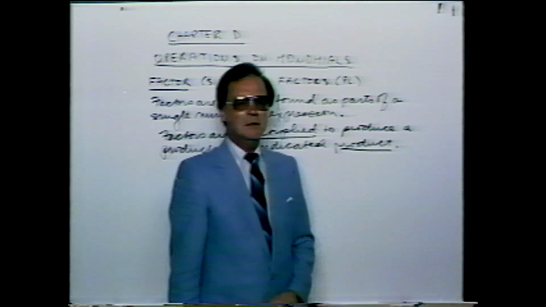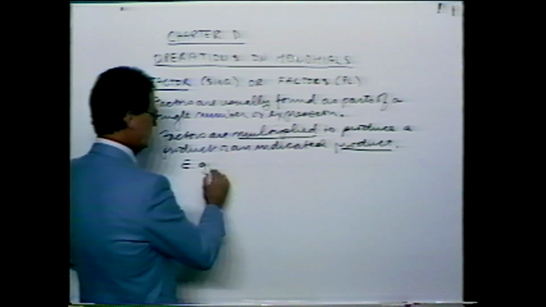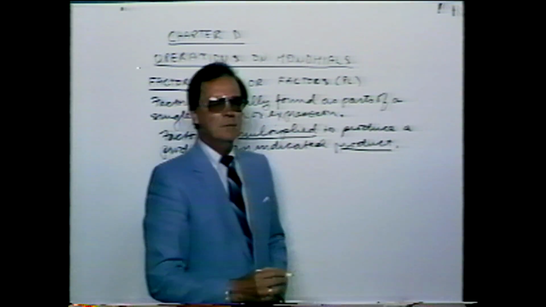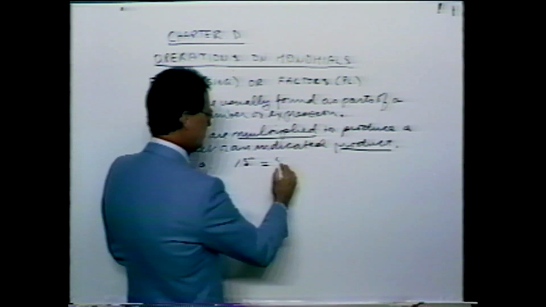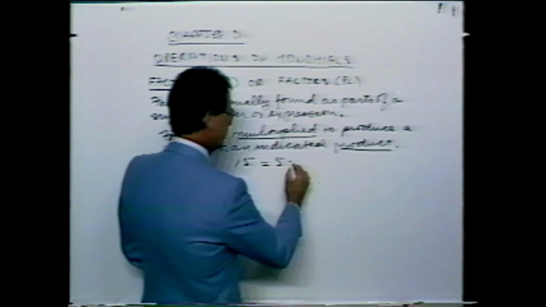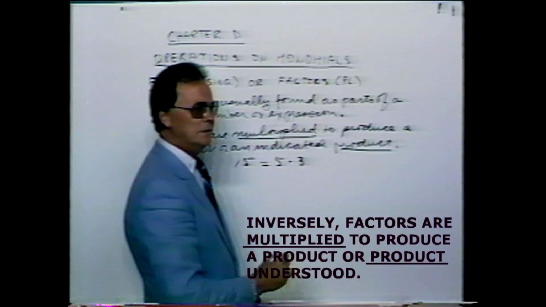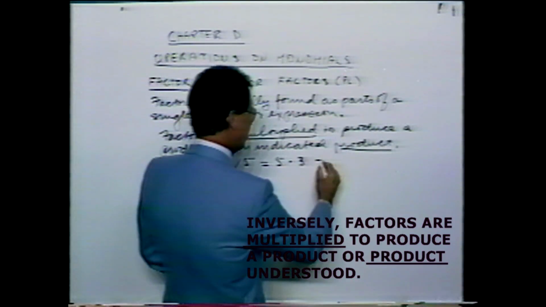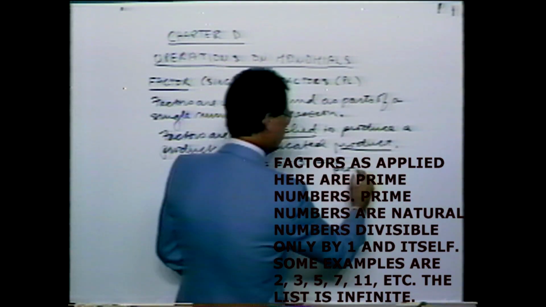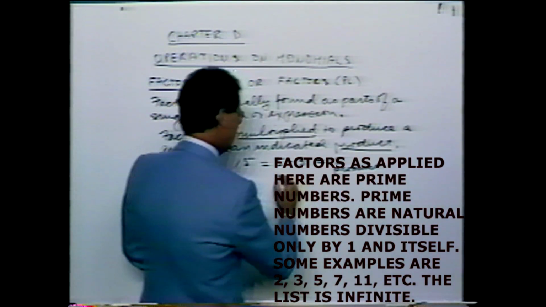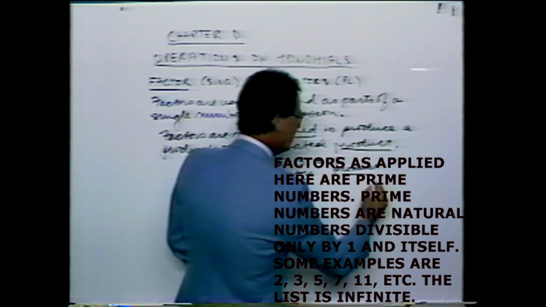For example, in a number such as 15, the factors are 5 and 3. And the product is 15. Factors, product.